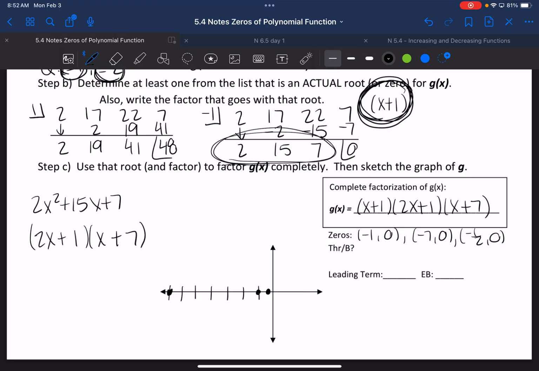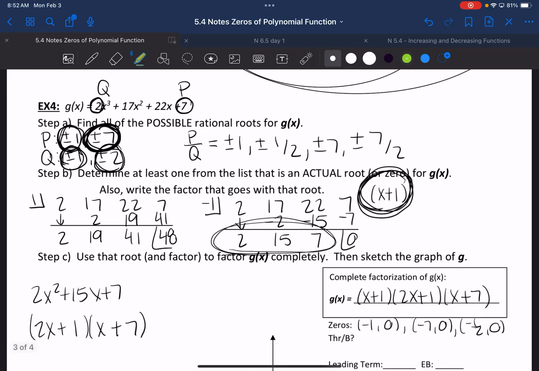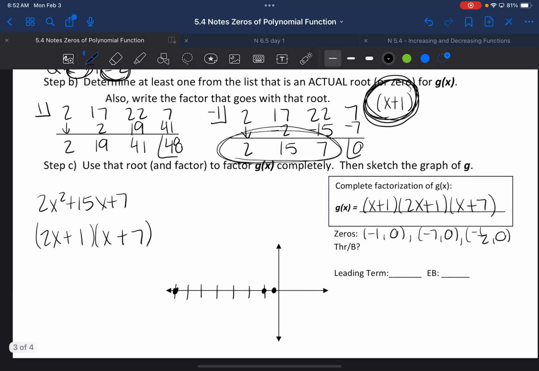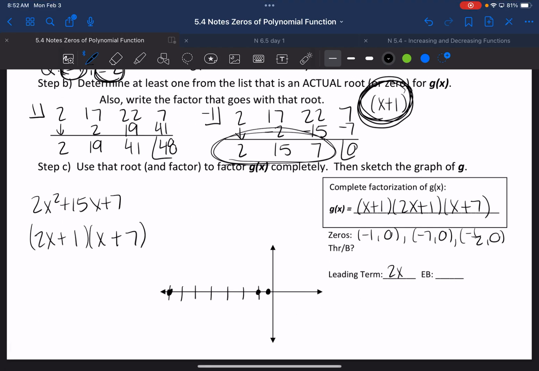Okay. All right, so it asks what the leading term of this equation was. Well, I need to go back to looking at it in standard form, which they wrote for us up here, right? What was the leading term of this polynomial? 2x cubed, okay. So that 2x cubed tells us to expect what for end behavior?